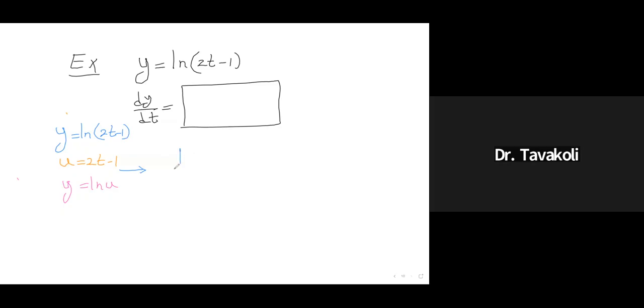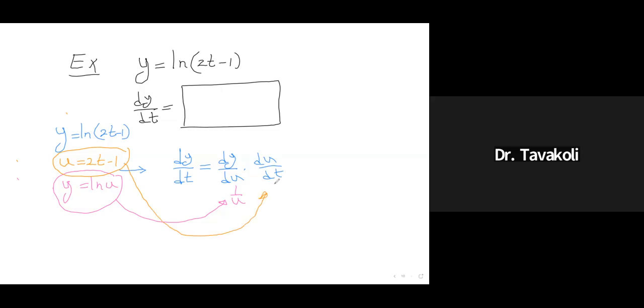The derivative of y with respect to t, not x, is the derivative of y with respect to u times the derivative of u with respect to t. Y is ln of u, so the derivative is going to be 1 over u. The other part, u is 2t minus 1. The derivative is just 2.